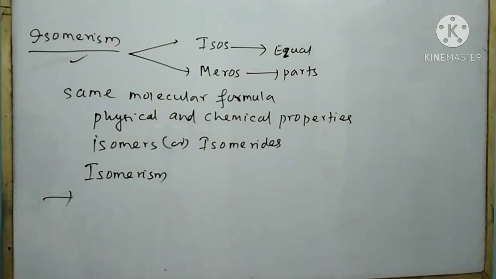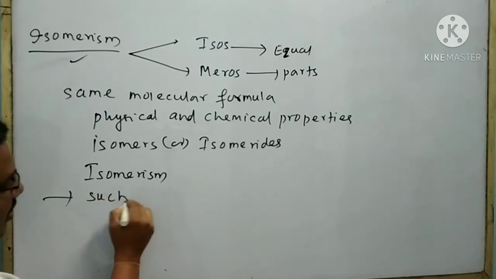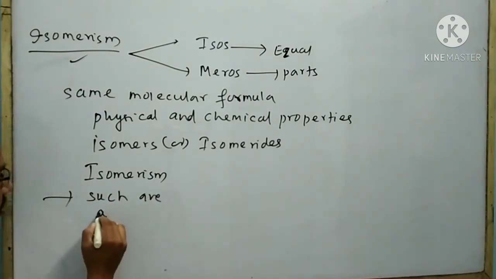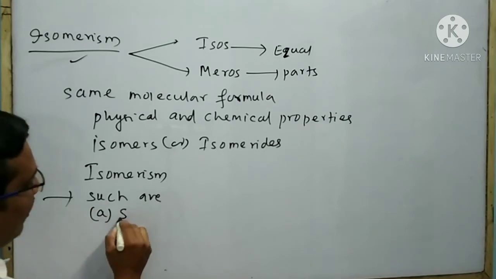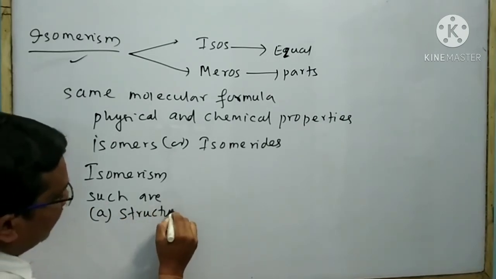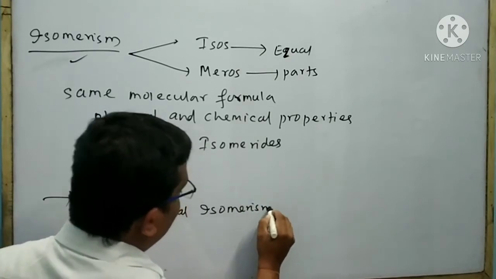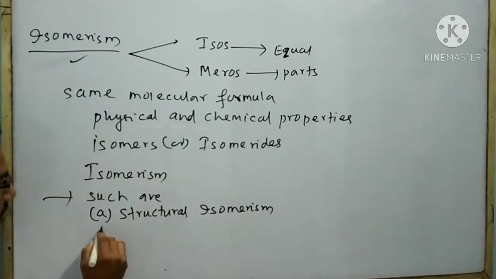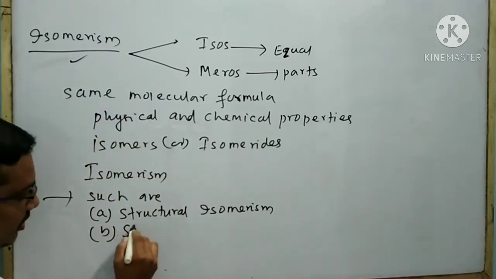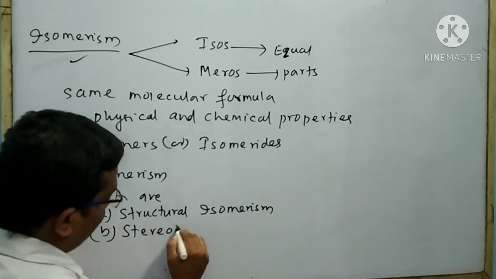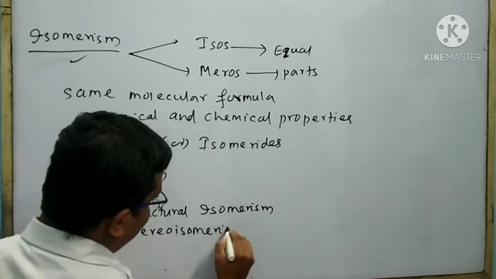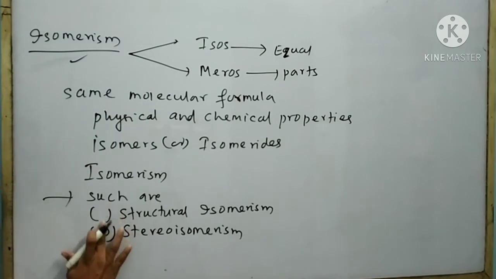There are two types of isomerism, such as number one is structural isomerism, number two is stereoisomerism.